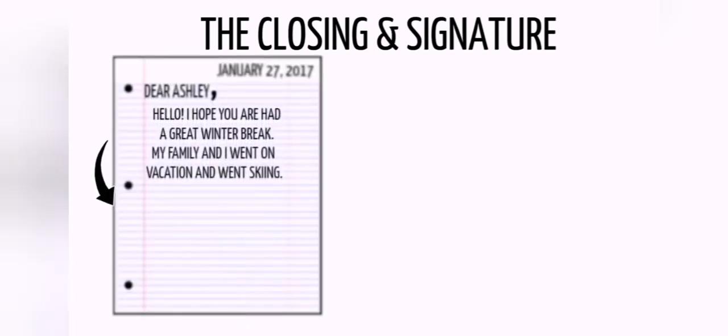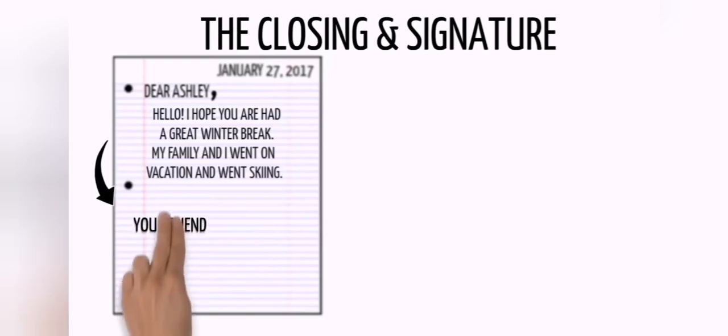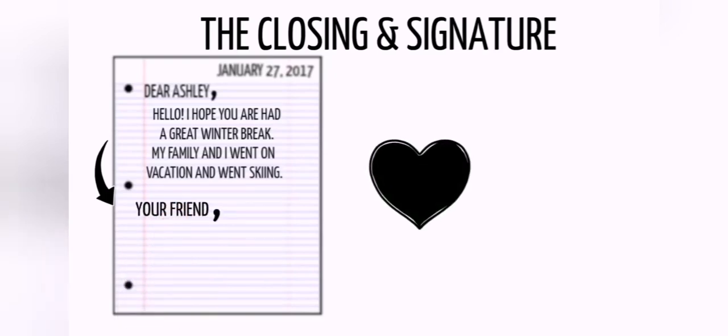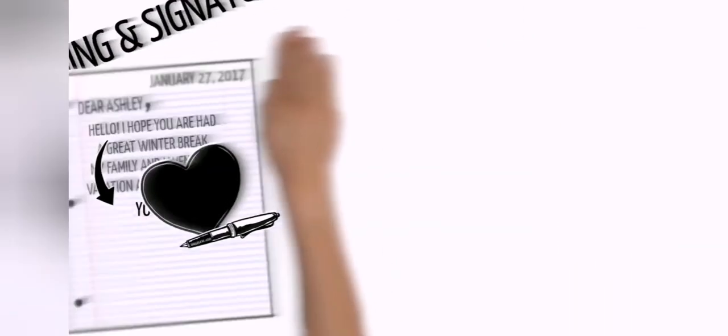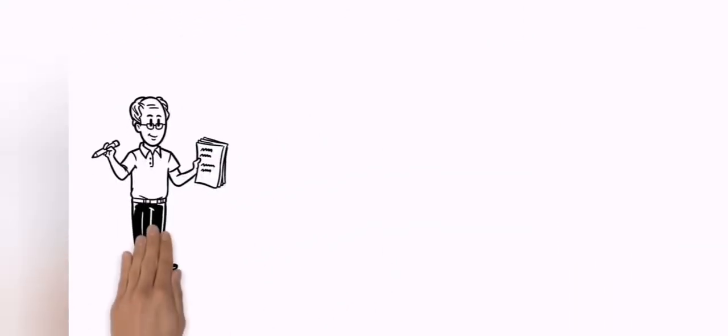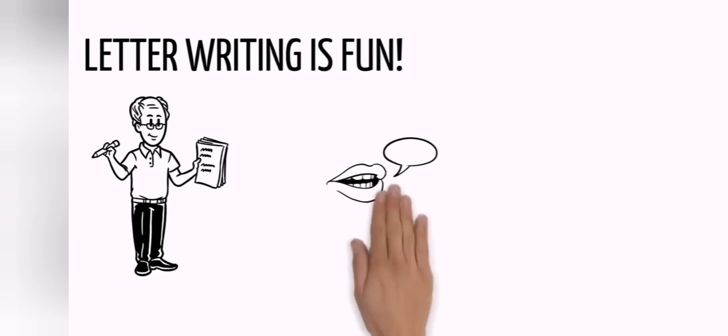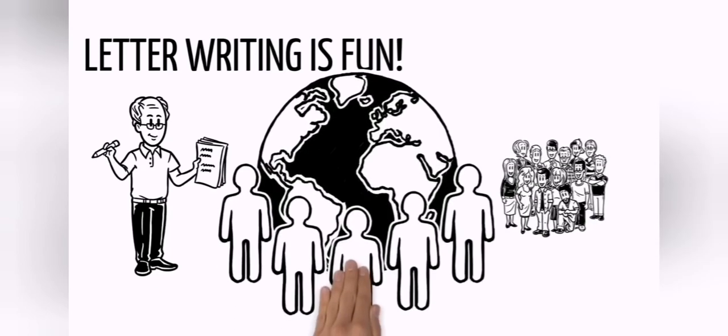The closing shows the letter has ended. Depending on who you're writing to, you may say Your friend, comma, Love, comma, or Sincerely, comma. On the next line, after the comma, you write or sign your name or signature. Letter writing is a fun way to communicate with people all over the world.